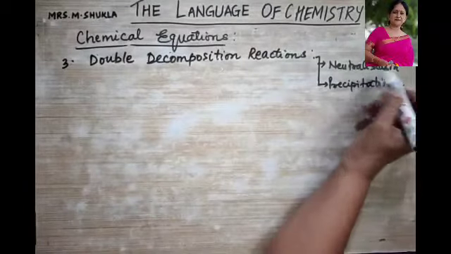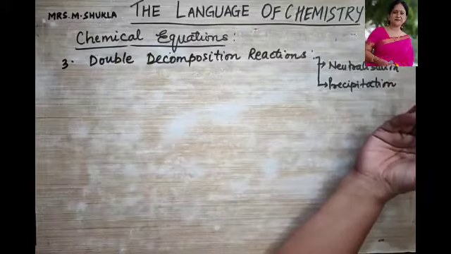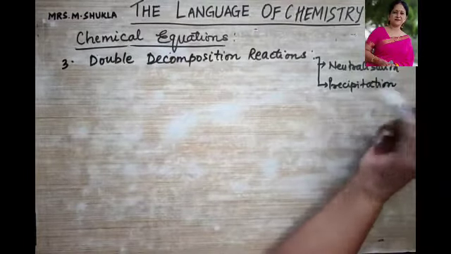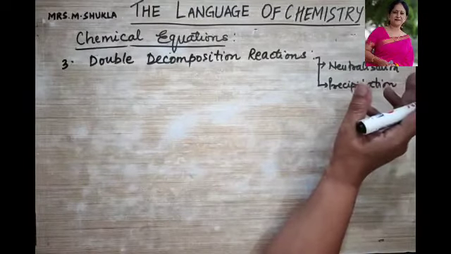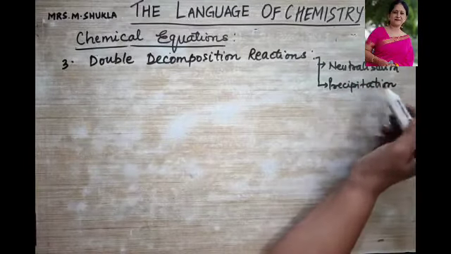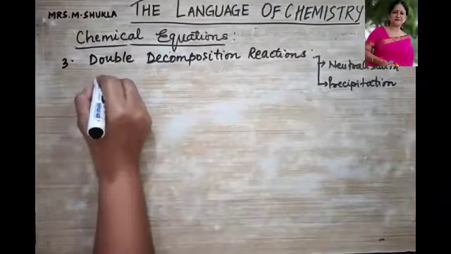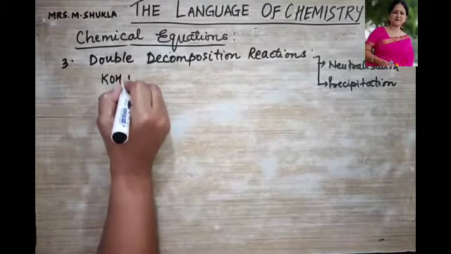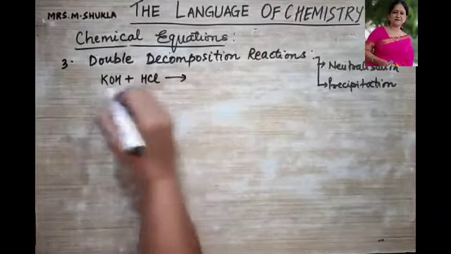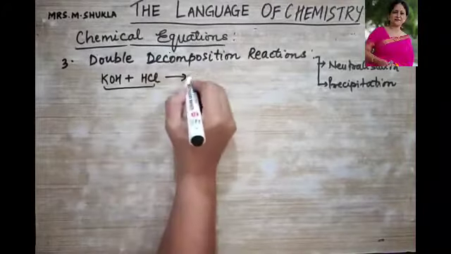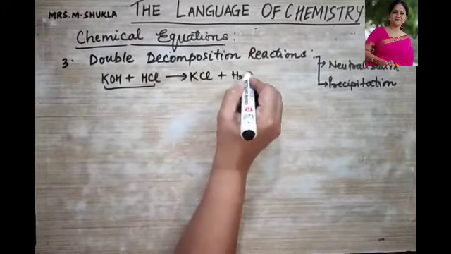Now, what is a neutralization reaction? When acid and bases combine to form salt and water, that is neutralization. What is precipitation? When a precipitate is formed, when an insoluble substance is formed, then it is a precipitation reaction. So let's take examples like KOH, a base, treated with an acid, forms KCl, salt and water.